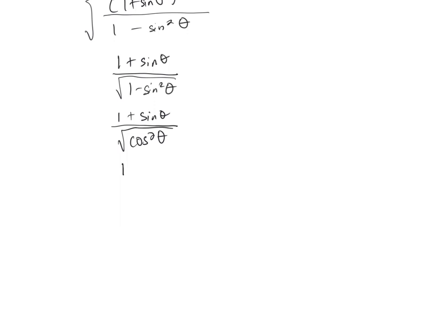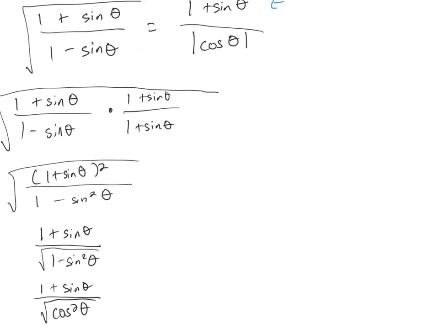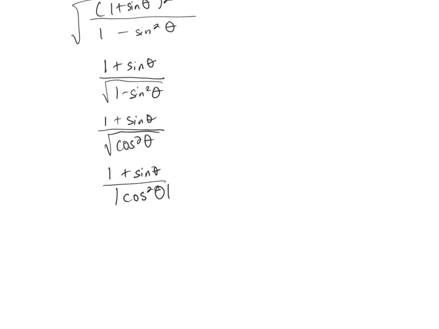So we have 1 plus sine of theta over the absolute value of cosine of theta. And there we go. We have proven our trig identity.